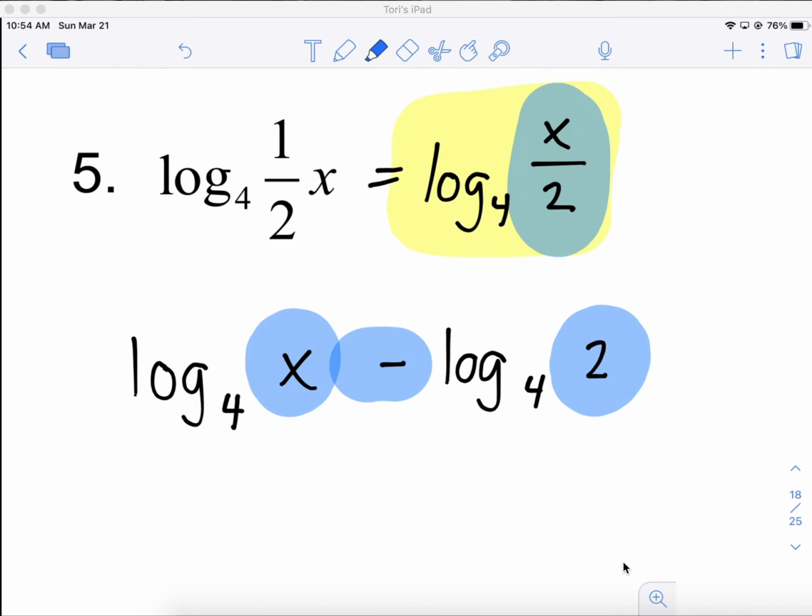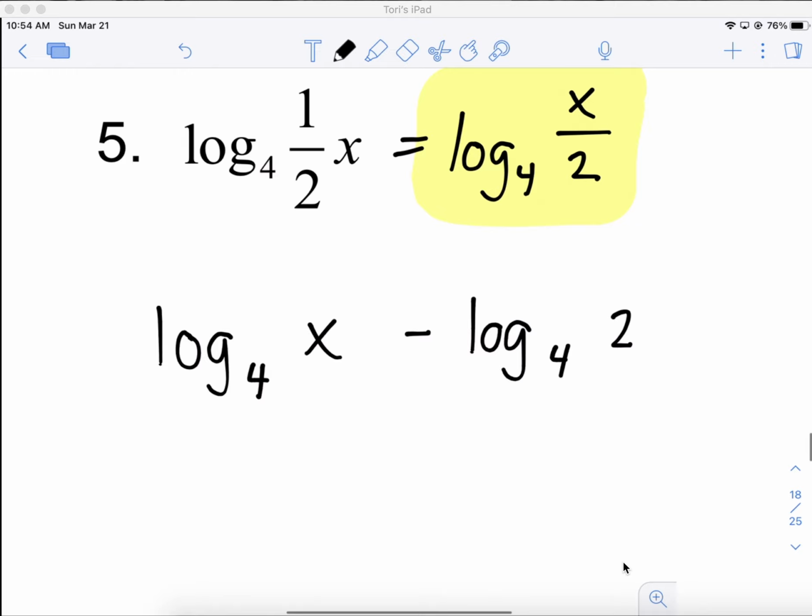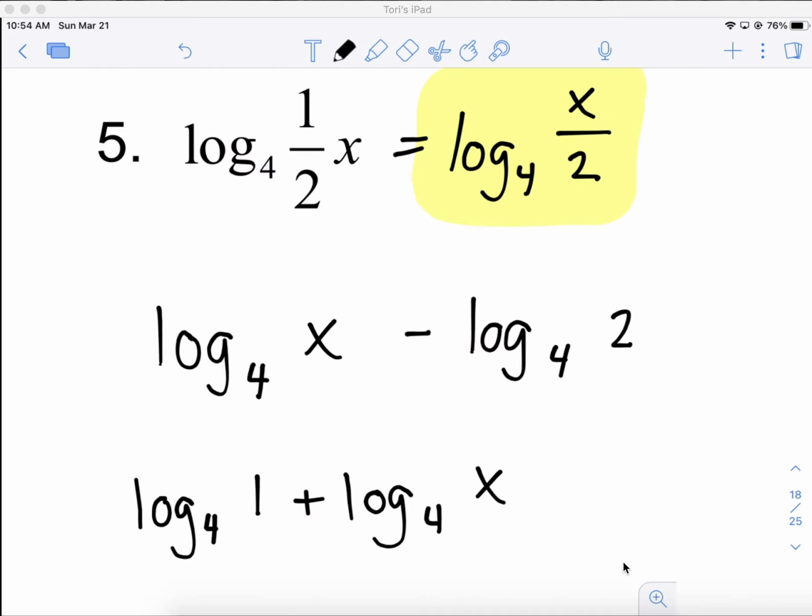Okay. If you were writing this from the original multiplication problem, what you would have done is say log base 4 of 1 plus log base 4 of x, because those two things are multiplying, the numerators are multiplying, and then you could have subtracted log base 4 of 2.